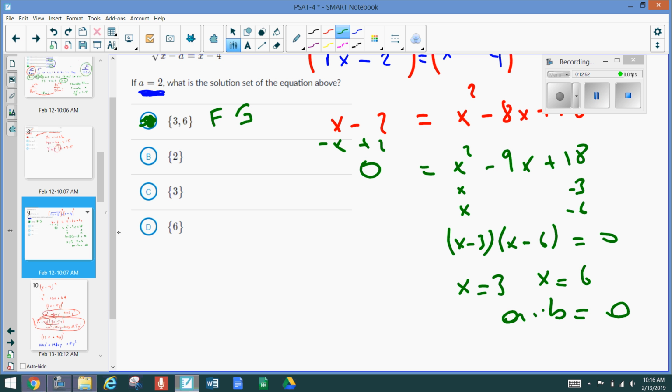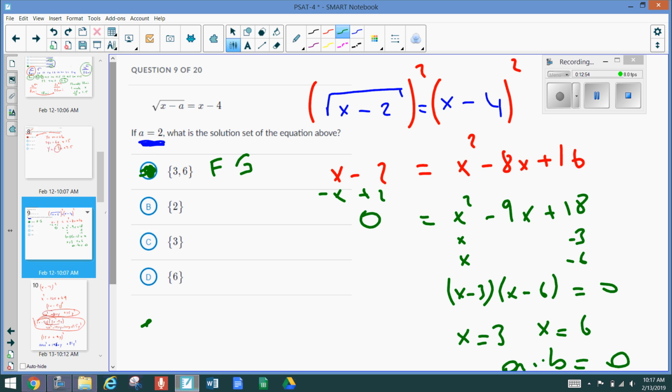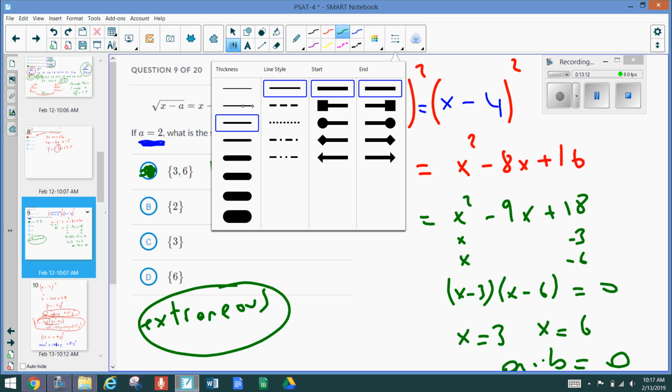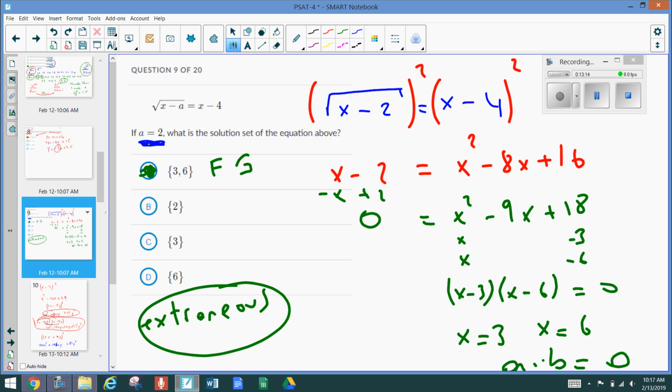Perfect. Okay, you guys remember this? So we have to plug it in. Plug in 3. Help me. So what was the number here? A is equal to 2, so this is 2.